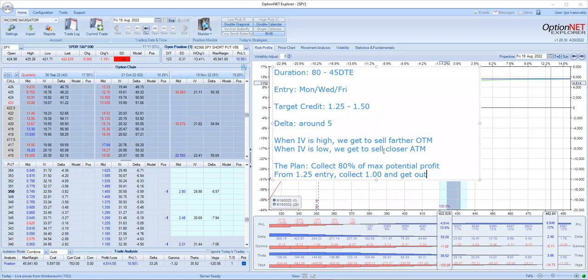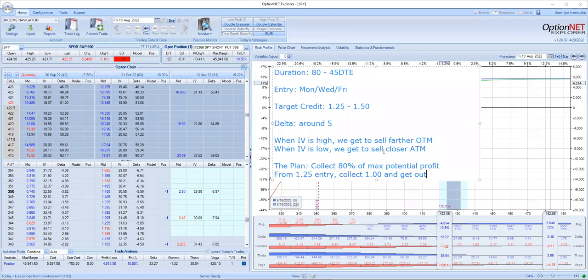I think you can turn over a few more trades with the same buying power, and potentially over a long period of time, you can generate a little bit more income by closing out early. Close out at 80% of max potential profit in 50% of the DTE, and just keep on reusing the same buying power over and over to generate more income.